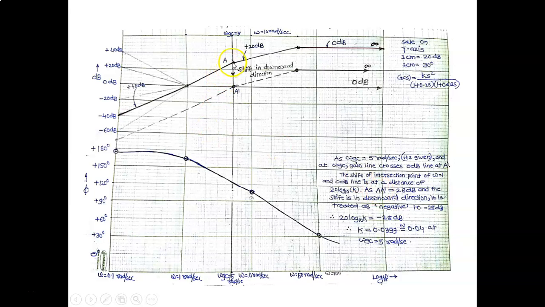This distance AA dash is equal to 28 dB and the shift is in the downward direction, so it is treated as negative, that is minus 28 dB. Therefore 20 log K to the base 10 = minus 28, therefore K = 0.0399, approximately 0.04, at omega gc = 5 radian per second.